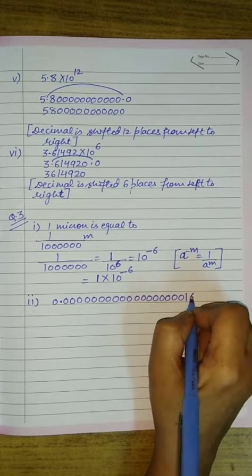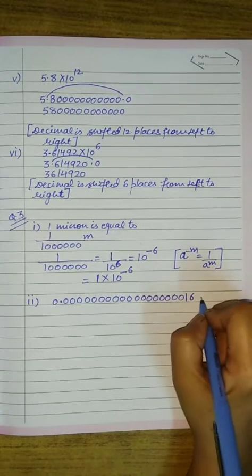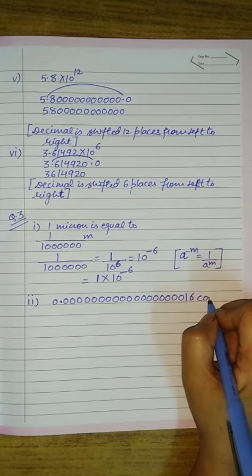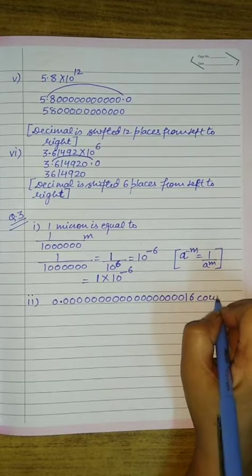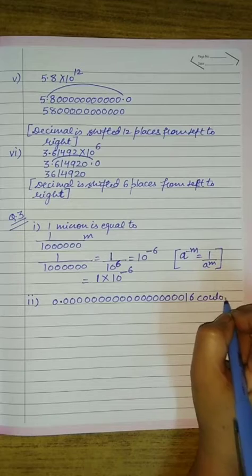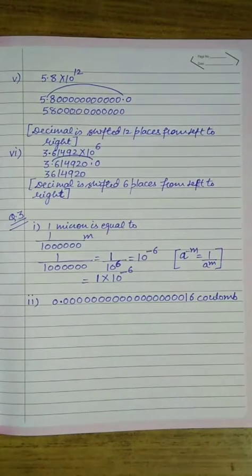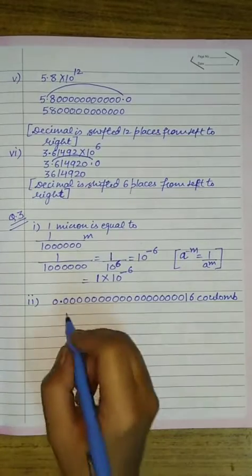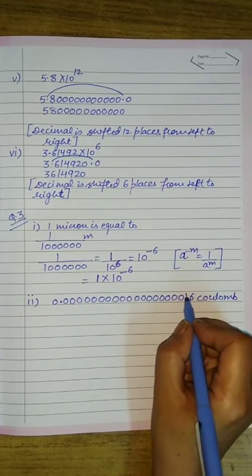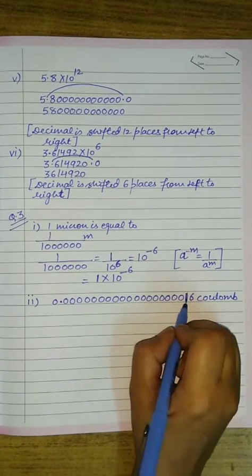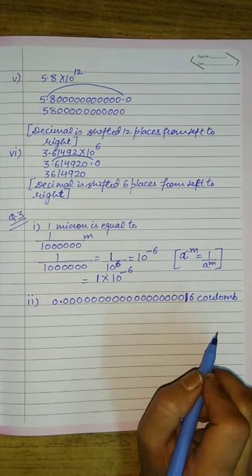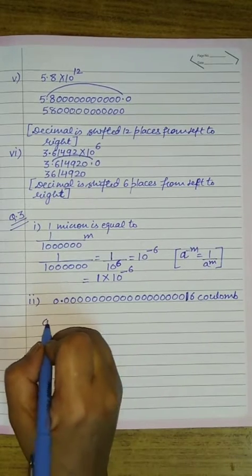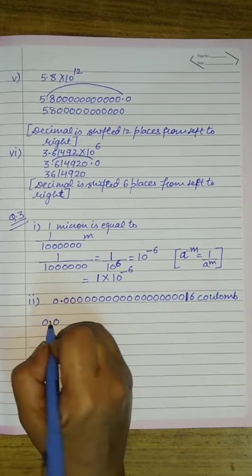Then number is 1, 6. And the charge is in coulomb. Now I have to shift this decimal after 1. So how many zeros I have? 18 and one digit is given, that is 1. So the decimal will be shifted 19 places from its original place.